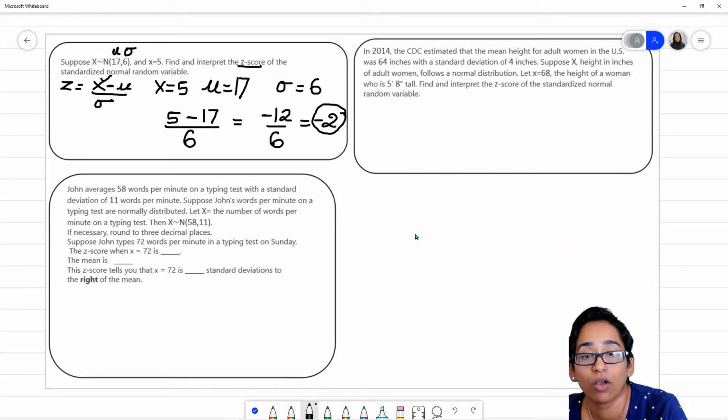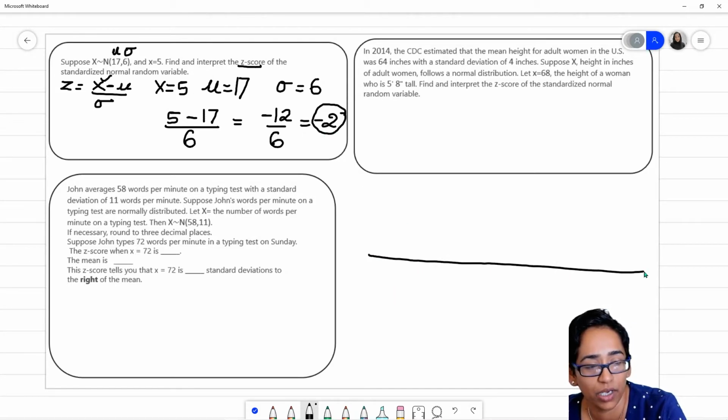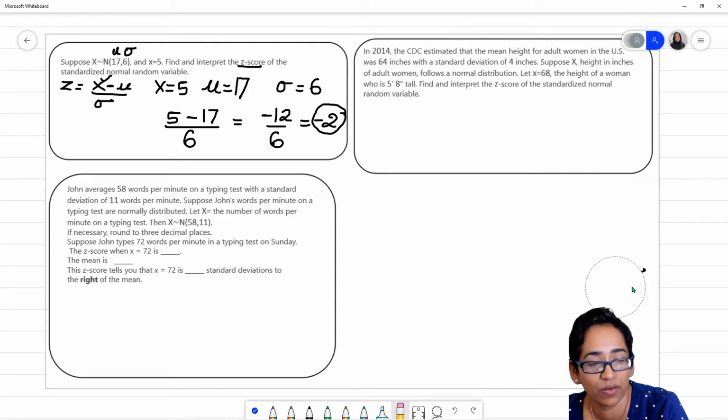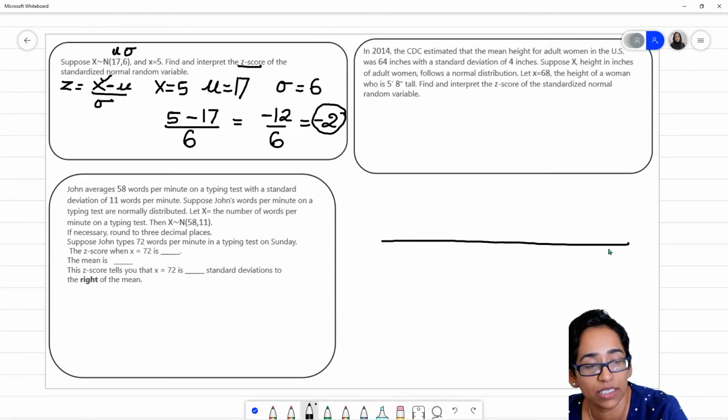So let's take a look at what exactly it means that my z-score is negative 2. Let me draw a number line here. This is my mean, 17. My standard deviation is 6. So if I move 1 standard deviation, I'm moving 6 units.